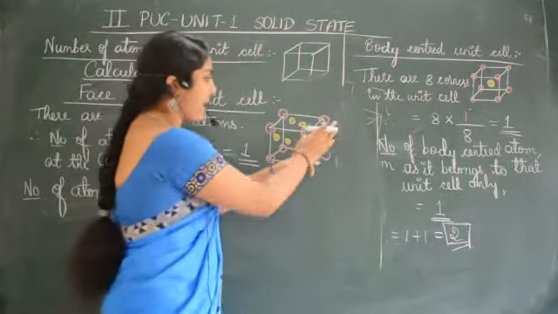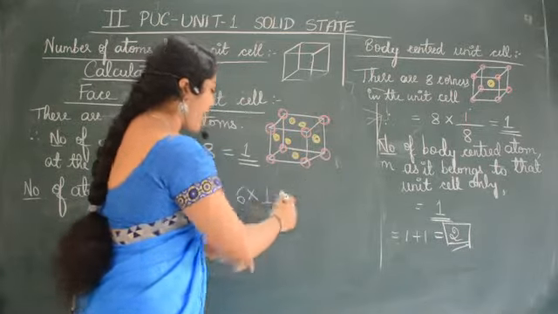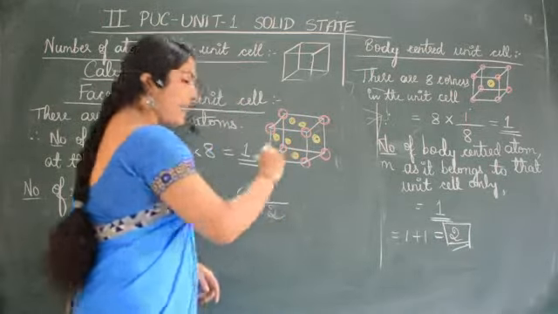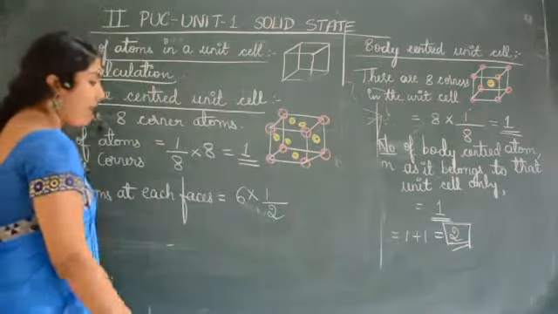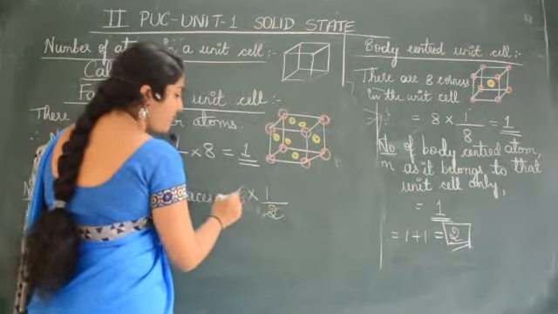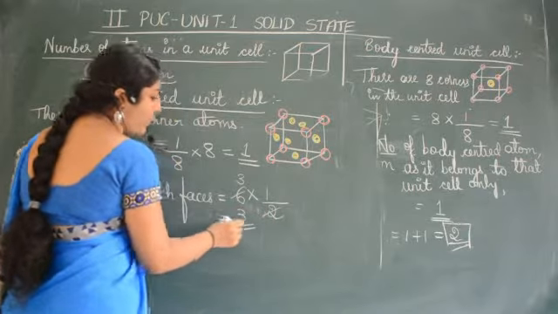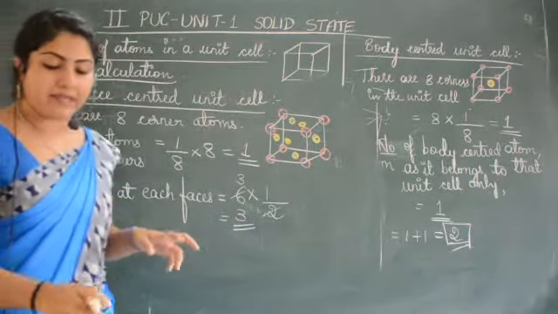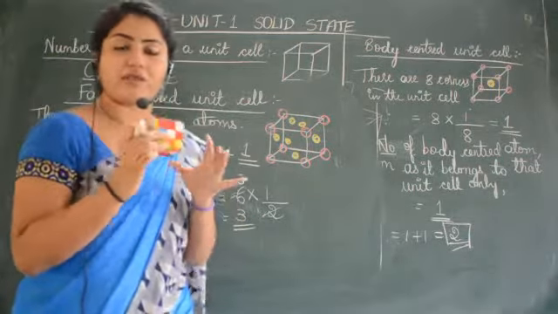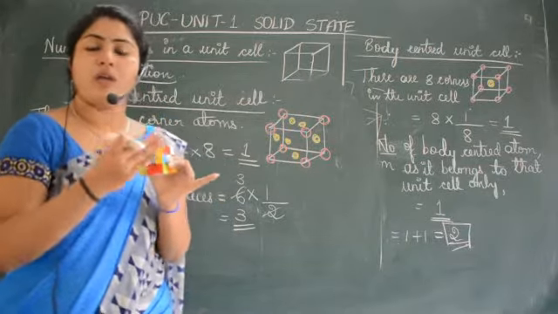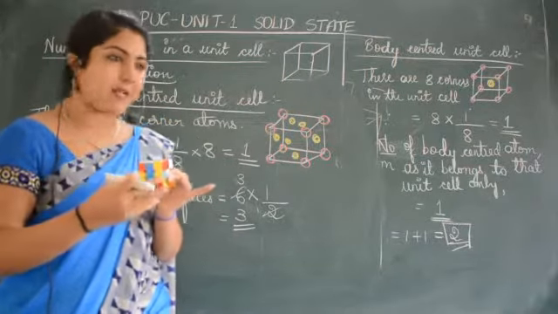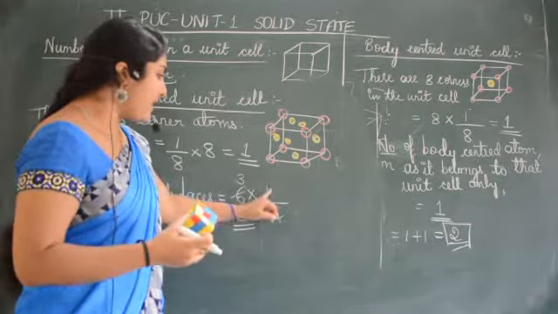If this is 1 atom, 1 more unit cell will share it. So 2 unit cells will be sharing it. So how many atoms are present at the faces? At the faces there are a total of 6 faces. Since 2 unit cells share it, we have 6 into 1 by 2.